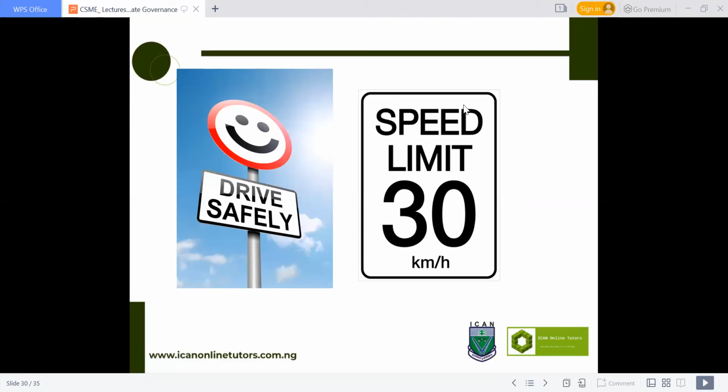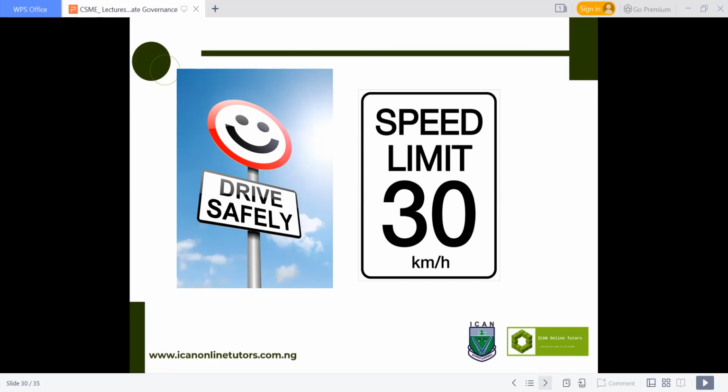The Federal Road Safety will not tell you the number, they will just say drive safe. But here you have a speed limit of 30. On some roads, if your speed is above a certain indicator, it will show, but they are not stopping you. So a speed limit of 30 kilometers per hour is rule based, while drive safe is principle based.